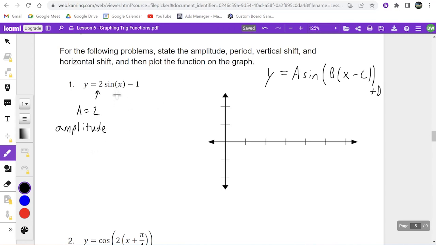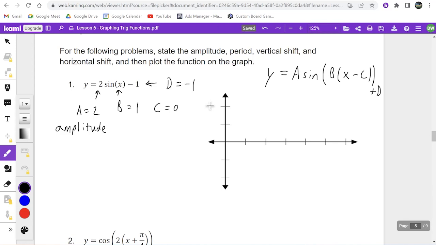Next, if you only see an x here, that's great news for us, because it means that B, well, I guess B isn't 0, because that would mean it's nothing, but B is 1, because there's an invisible 1 in front of that x, and C is 0. I know that because it's just x in that function. And then finally, D is the thing that goes after it. D is just going to be negative 1.